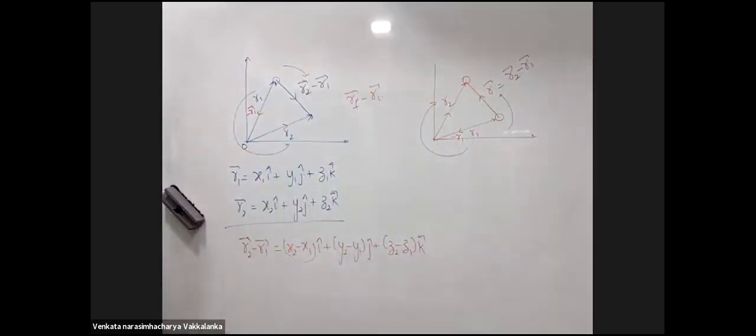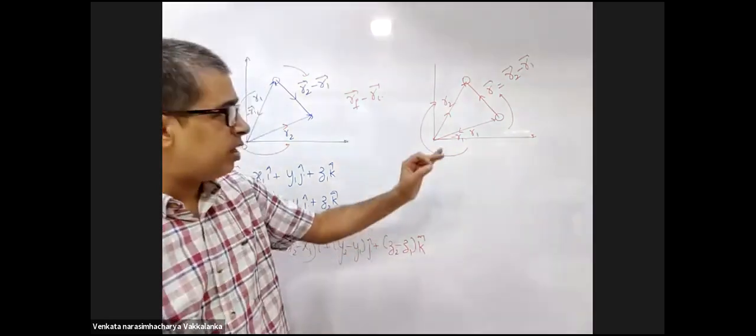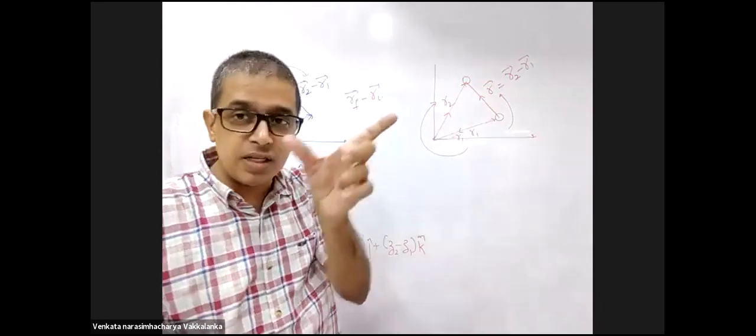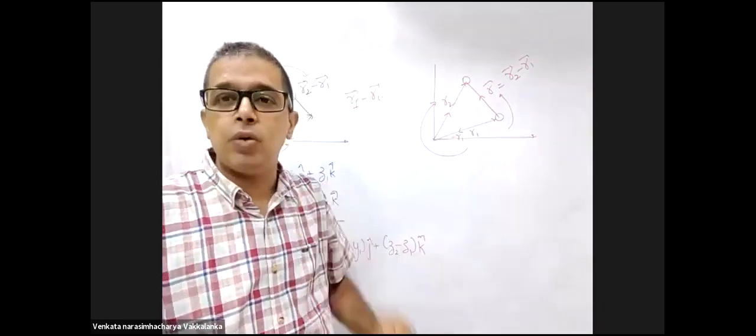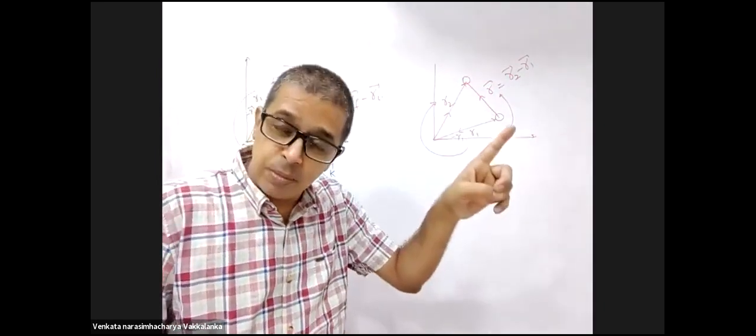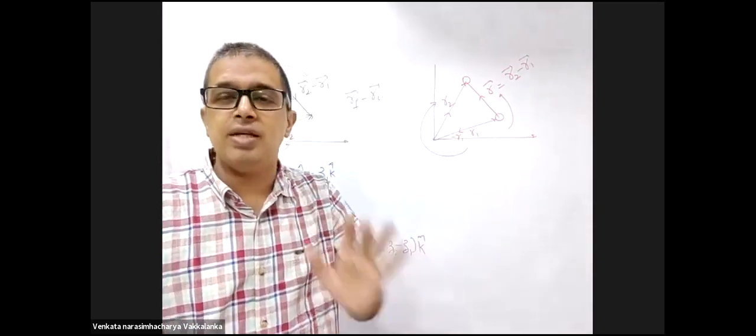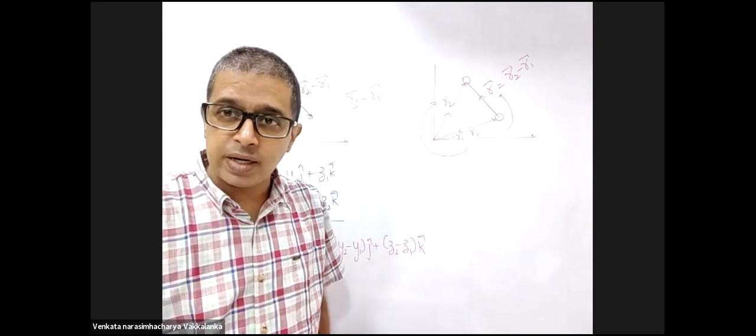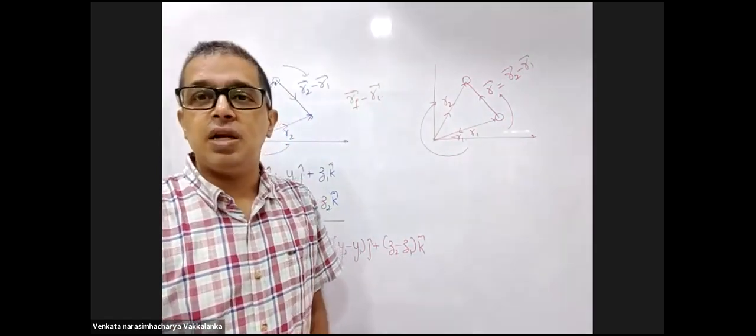Resultant will be the third side taken in the reverse order. So always remember, how do I get the position vector for the displacement from one point to another point? Final position vector minus initial position vector.